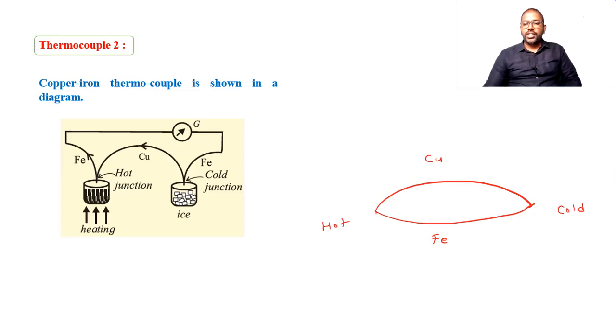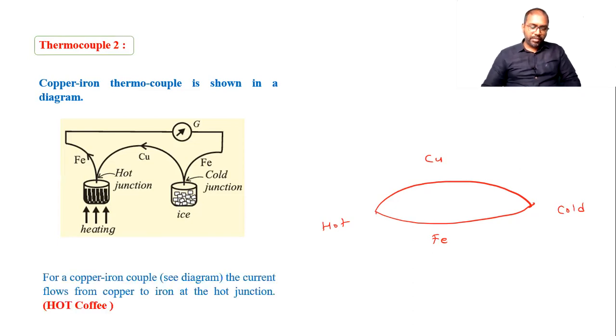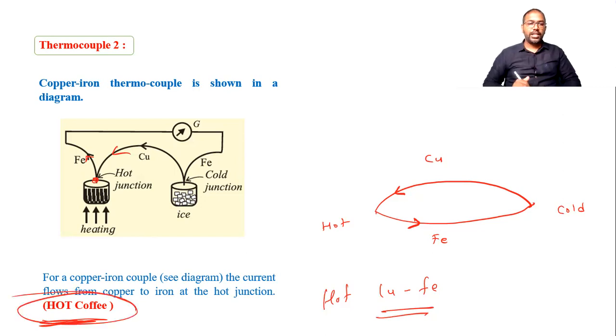In which direction the current flows, you can remember by the words hot coffee. At the hot junction, current flows from copper to Fe. So copper to Fe at the hot junction. Basically, you can remember the words hot coffee for this thermocouple to remember the direction of the current.